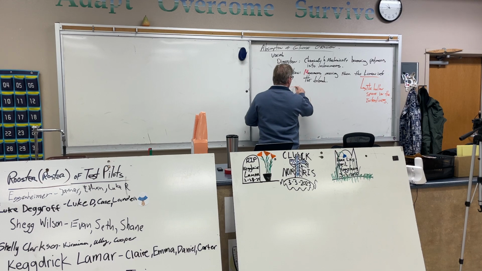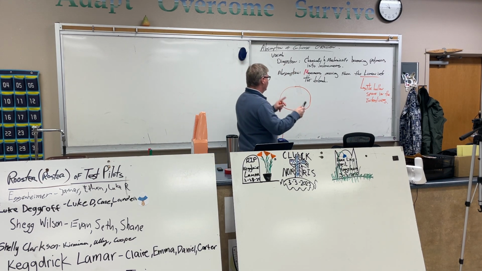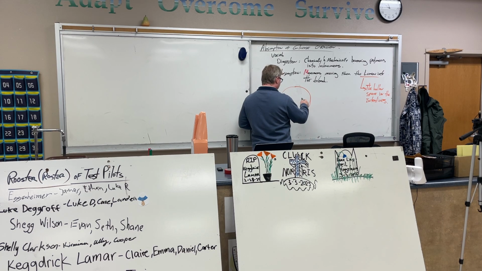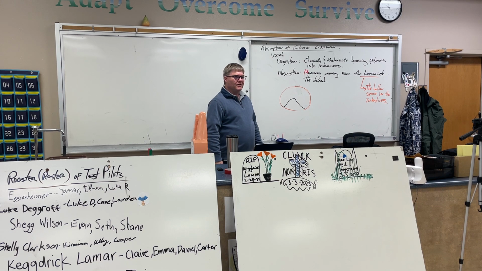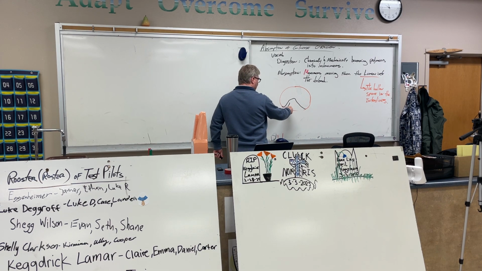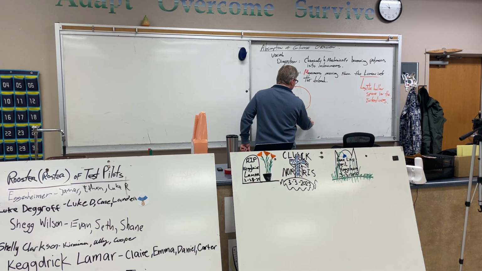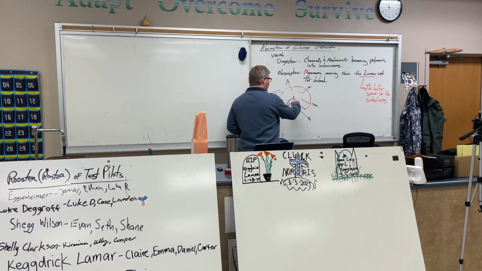So anyway, let's build on this drawing. You've eaten food, it's been digested, and it's working its way down. Here it is in your intestine right now, and it's waiting to be absorbed, so it's going to pass through the lining of the intestine into the bloodstream.